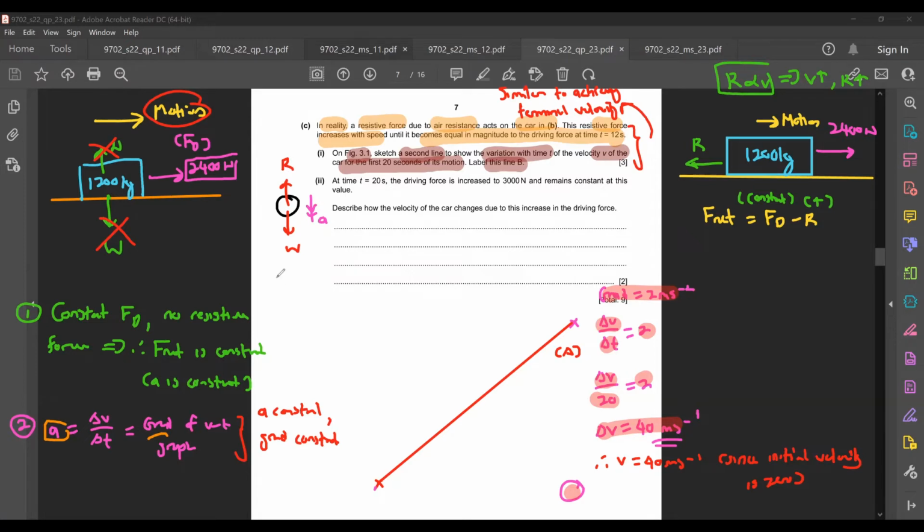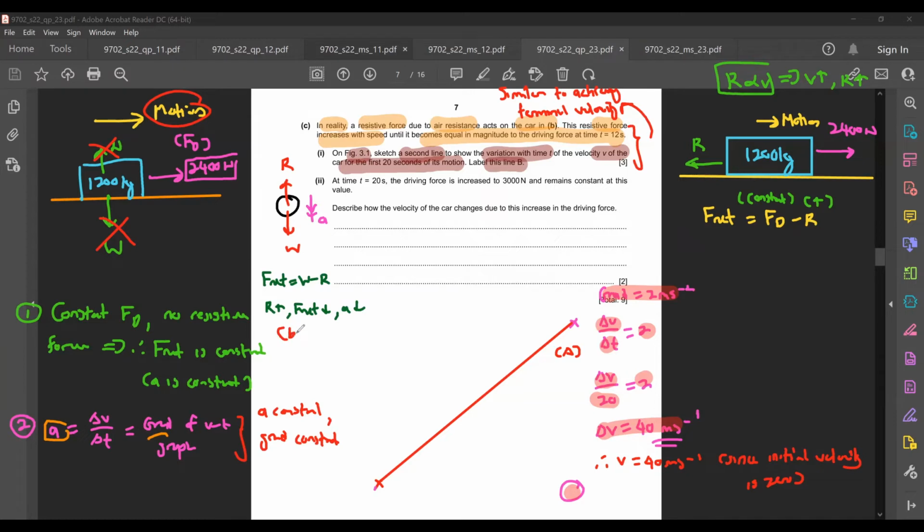To put it simply, that time I mentioned to you, F net was equal to W minus R. So what happened then was that your R increases, your F net decreases, so your A drops.